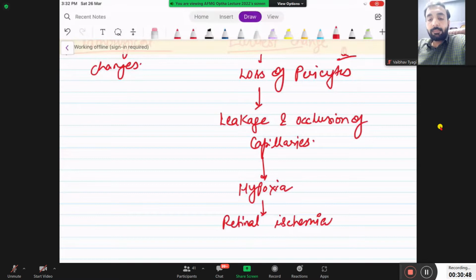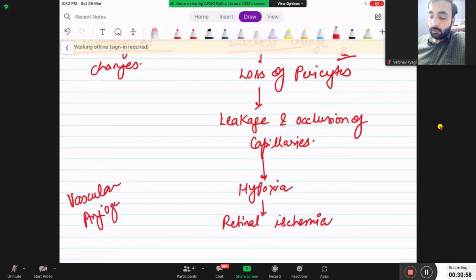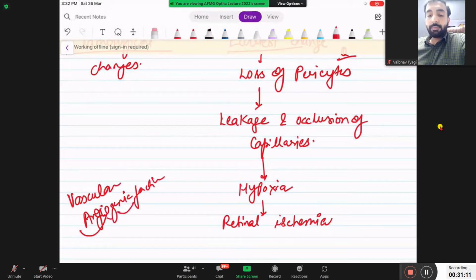The brain will release some vascular angiogenic factors. Angio means blood vessels, right? So the brain will release some vascular angiogenic factors which will produce new blood vessels, more capillaries newly formed.